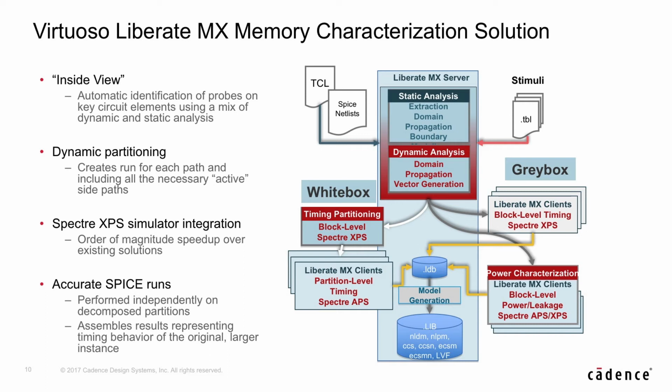We also have dynamic partitioning technology. What that means is that memory gets really large, so we identify the critical path, and for each critical path that we identify, we have the capability to carve it out with all the branch information captured.